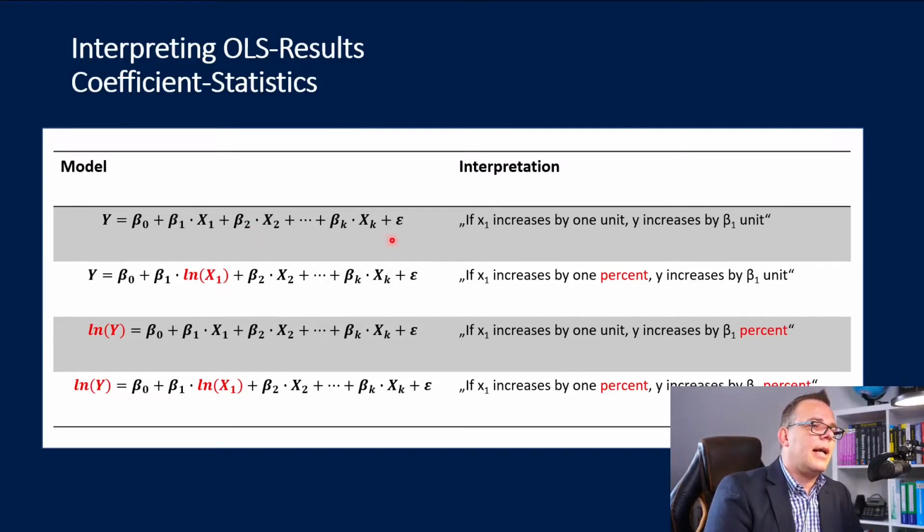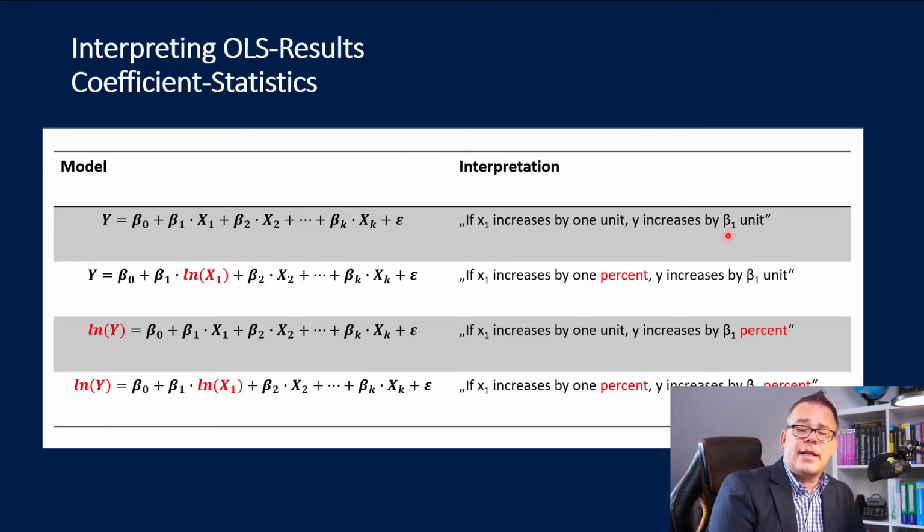The usual interpretation, just like we have seen before, is: if x1 increases by 1 unit, epsilon increases by beta 1 unit. So beta 1 is the slope on the x1 axis.